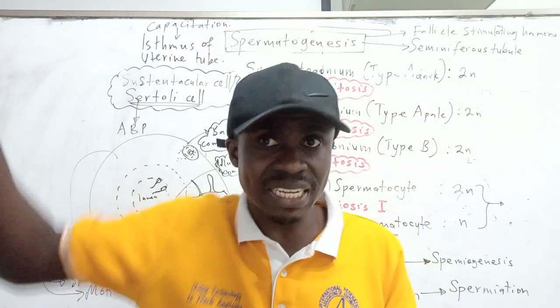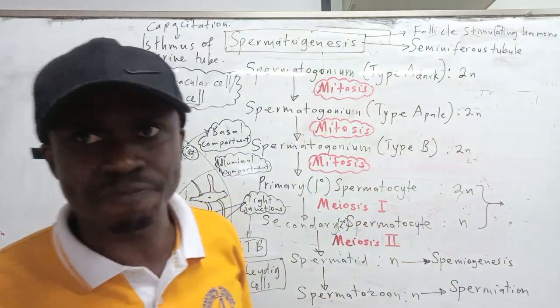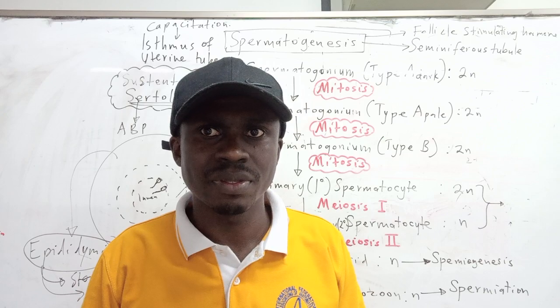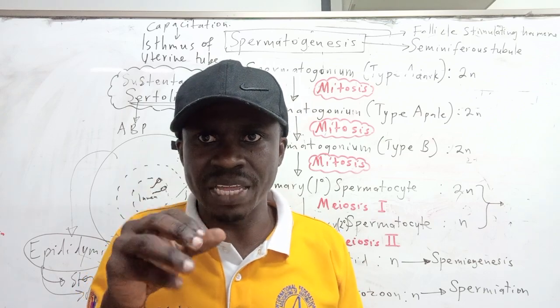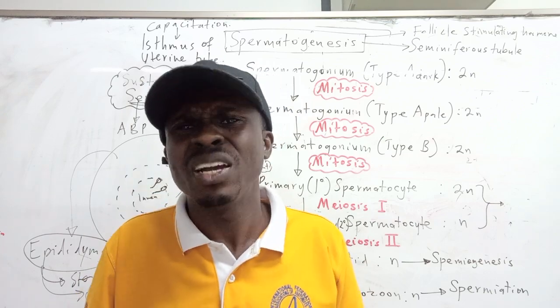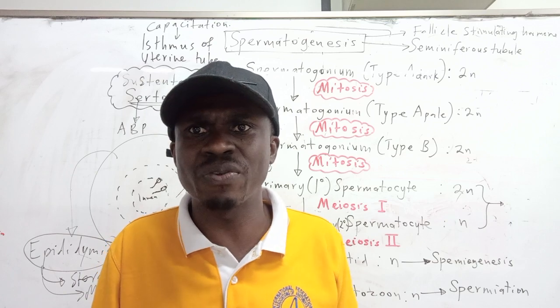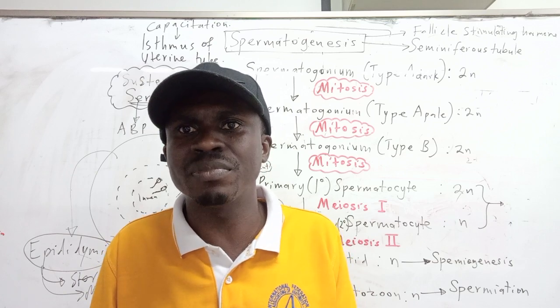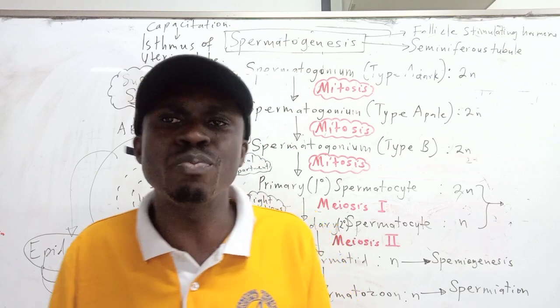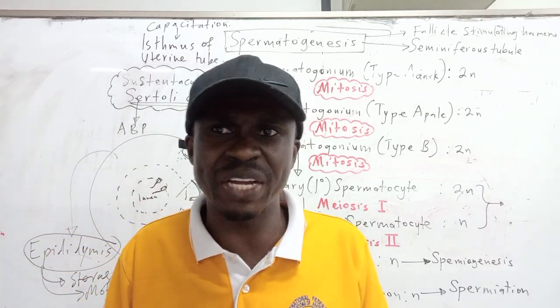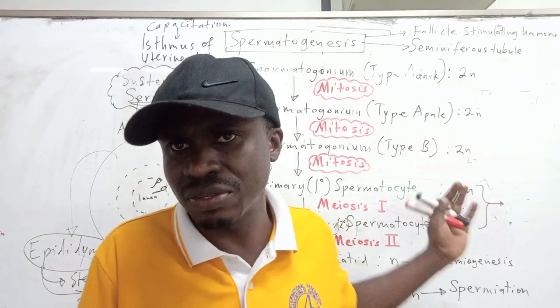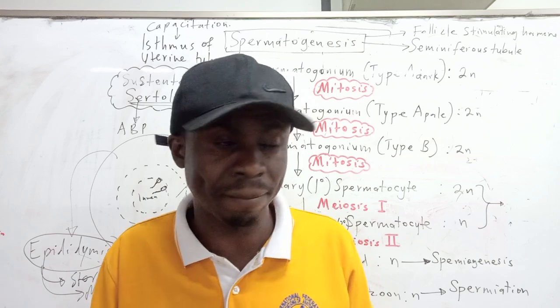But as you age and age, with this repeated mitotic division, the telomeres will be getting shorter and shorter. With time, they become unable to undergo that kind of mitosis again, giving functional gametes.